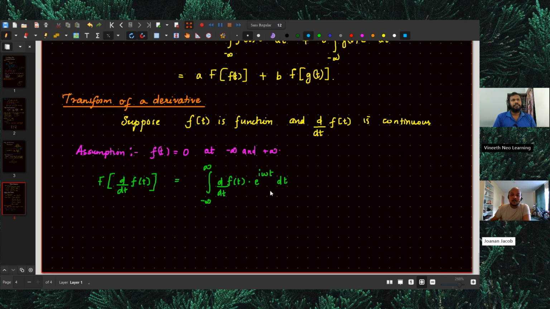So what is the equation for integration by parts? Suppose you have the integral of u dv, that is equal to u into v minus the integral of v into du.